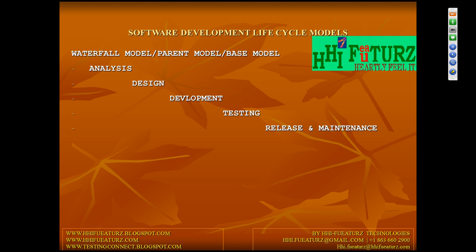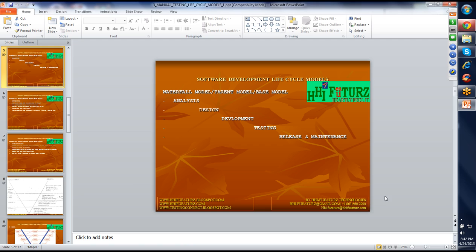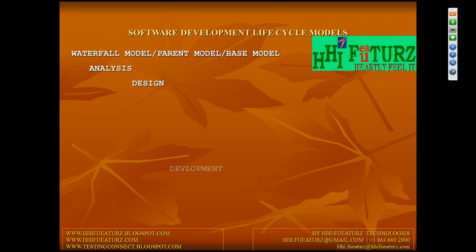It looks like how water falls, and that is why we consider this model the waterfall model. The important thing to remember is that in the waterfall model, whichever phase is going on, only those team members are present; all other team members don't need to be present. That is the purpose of the waterfall model.